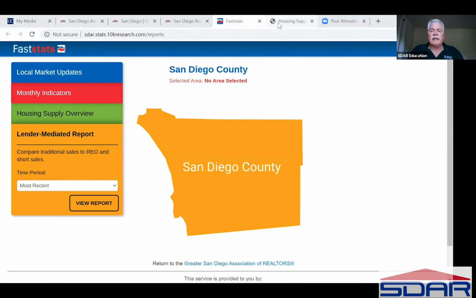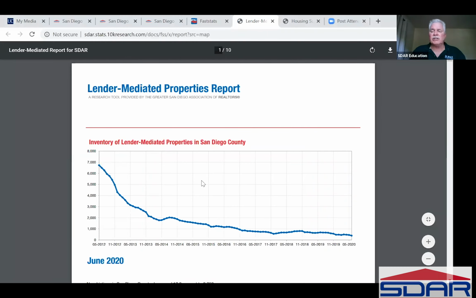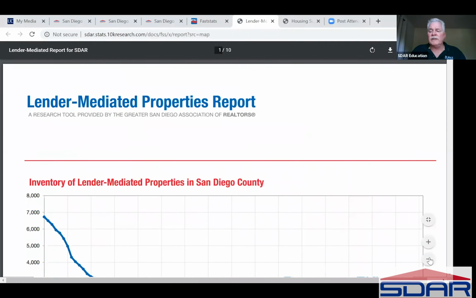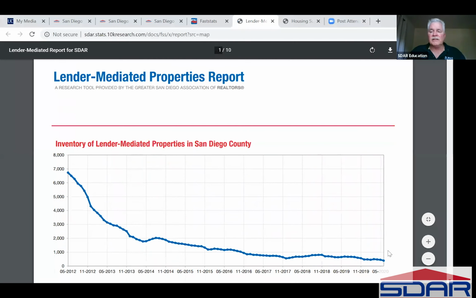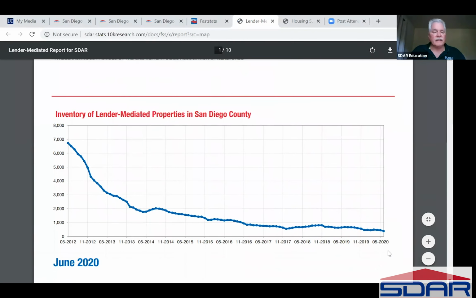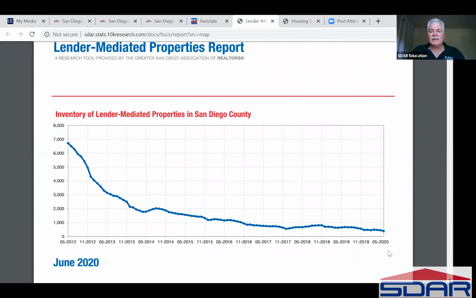So let's take a look at my lender mediated report. What lender mediated report refers to is how many transactions the lender has been involved in, as far as maybe a foreclosure or a trustee sale or things like that. So here, look at the numbers.